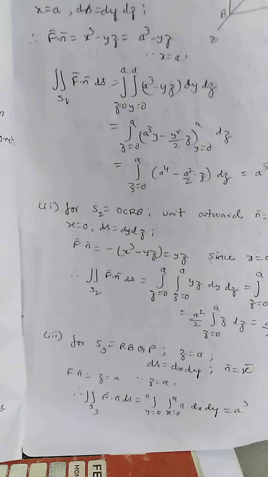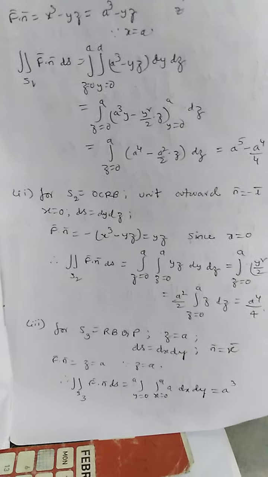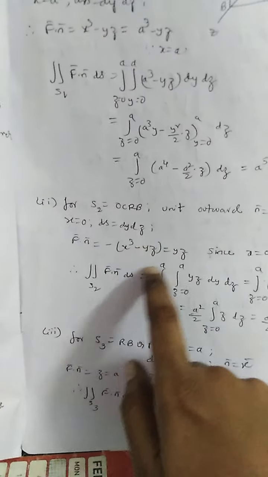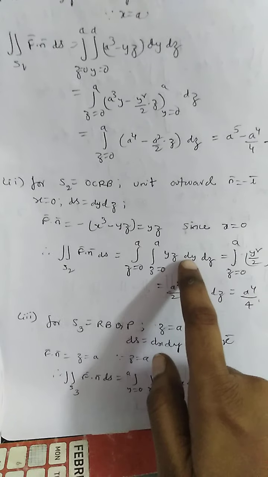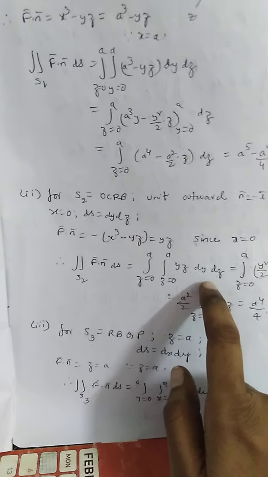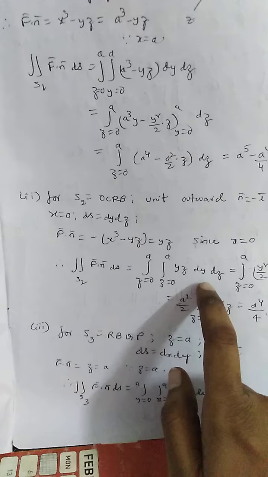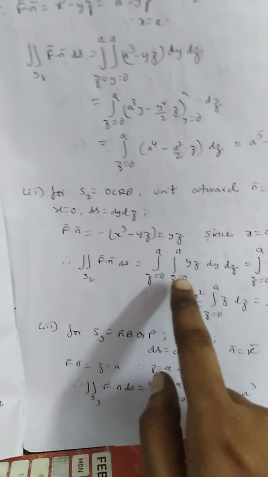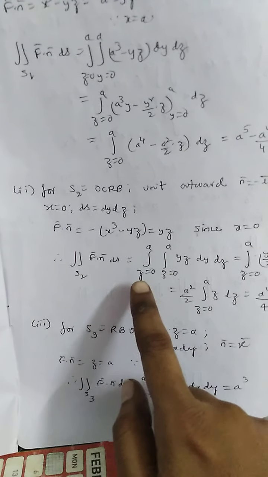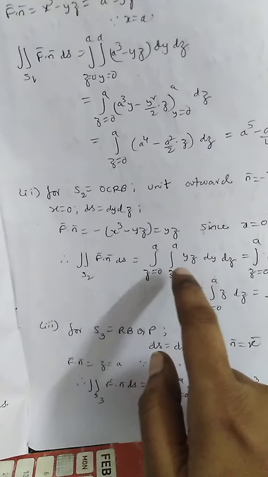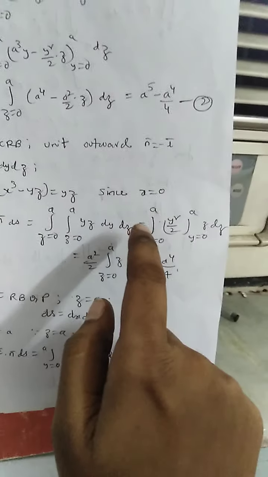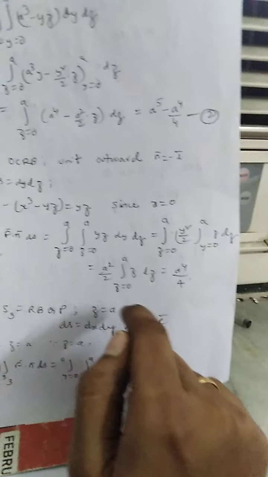So x is equal to 0 there, and dS is dy dz. Repeating the same process, f bar dot n bar dS is the double integral of yz dy dz, because x is equal to 0. With y from 0 to a and z from 0 to a, integrating with respect to y gives y square by 2 with z constant. Applying the limits, we get a power 4 by 4.